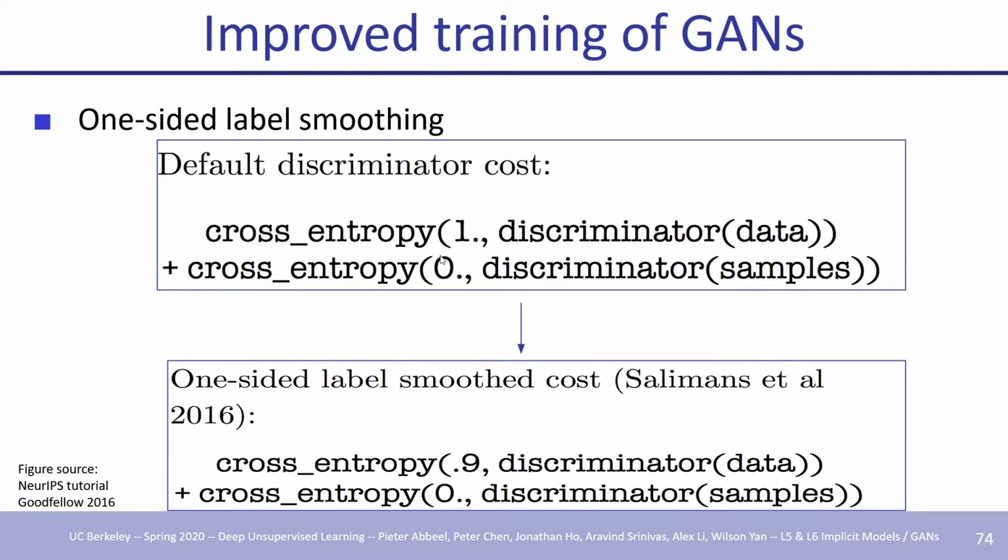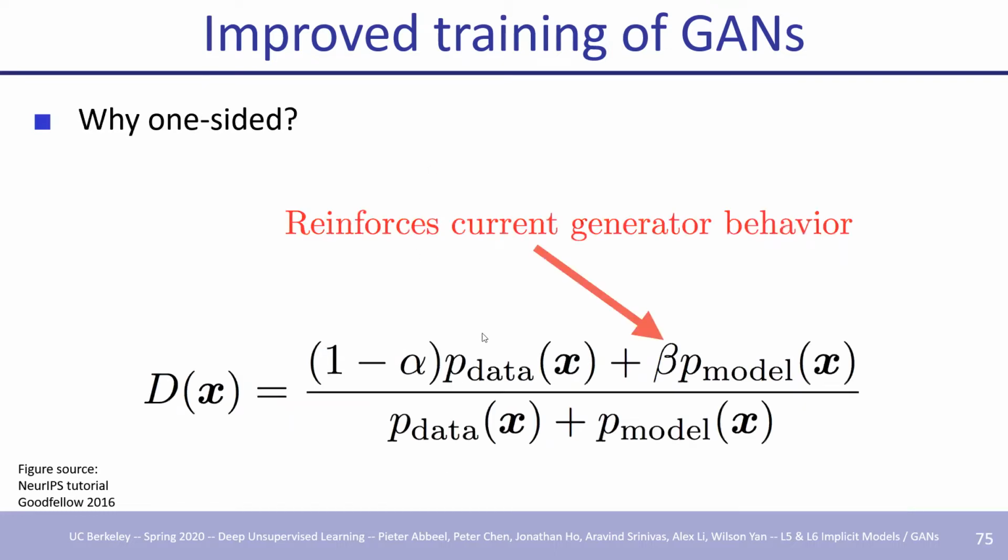You want it to be 1, and then for samples you want it to be 0. But it's good to add a little bit of noise. So instead of being 1, you set it to 0.9. You would think that the other would be 0.1 because there's 0.9 here and then 0.1, but apparently this would be a problem.